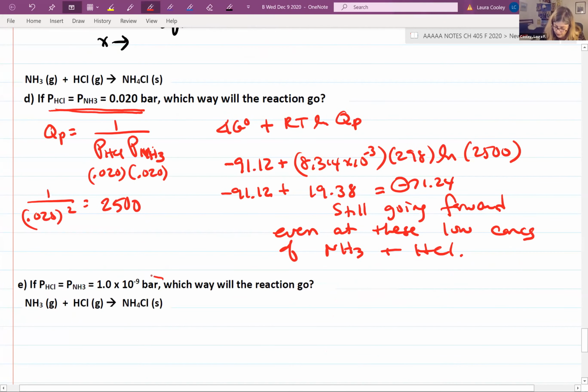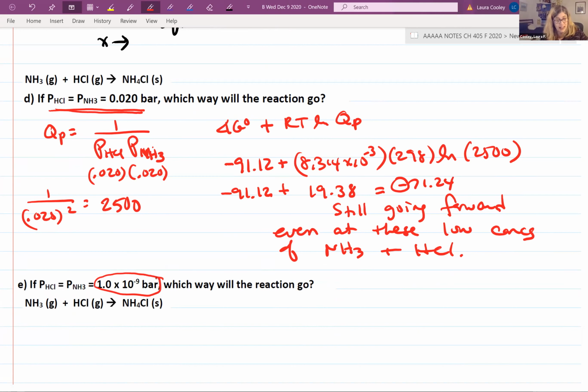Now look at this concentration. That's 10 to the minus 9th bar. There are probably labs that could measure that, but it's not that easy to do. So what happens if those pressures are that low?